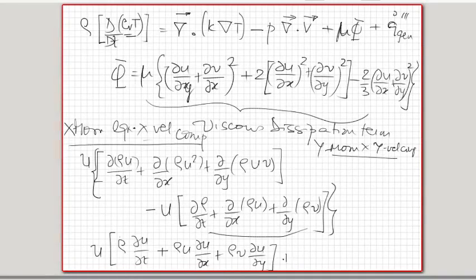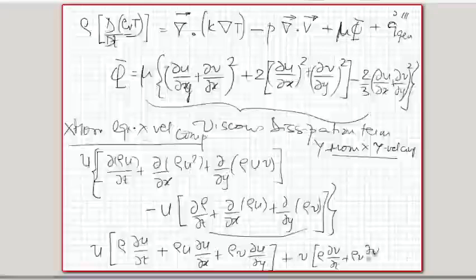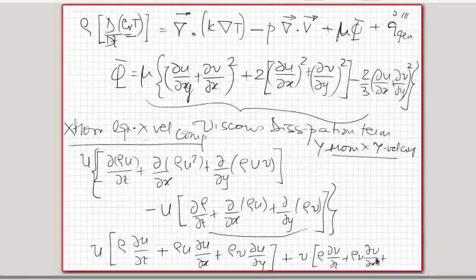So the left hand side of that will get added to this v times, I'll get again rho del v by del t plus rho u del v by del x plus rho v del v by del y.